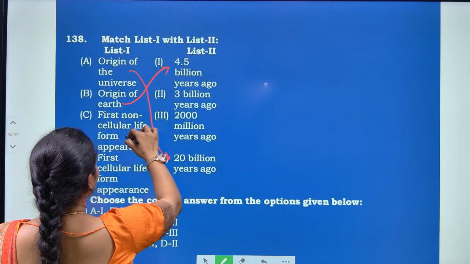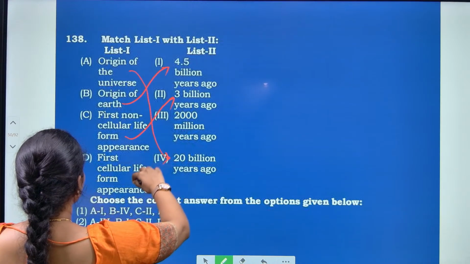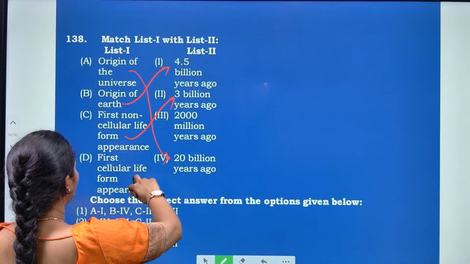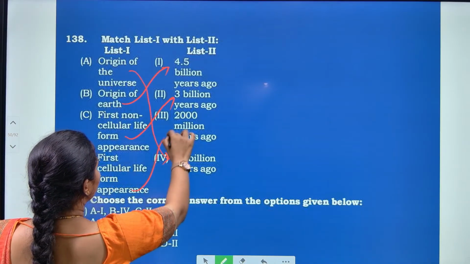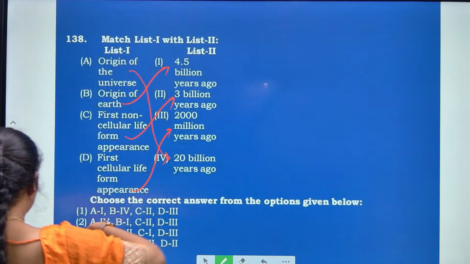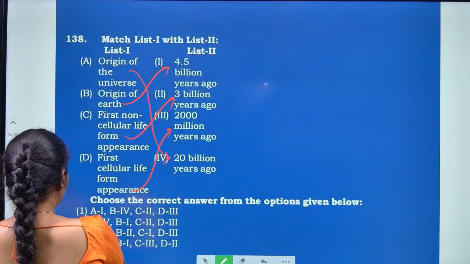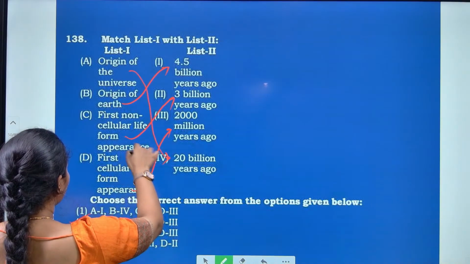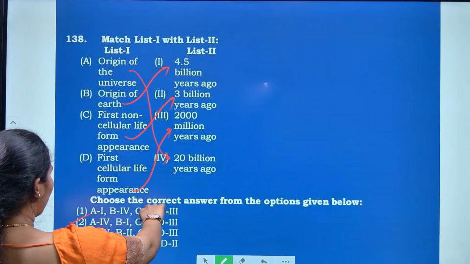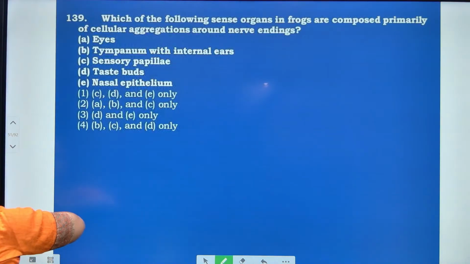The first non-cellular life appeared 3 billion years ago, and the first cellular life appeared 200 million years ago. According to this, the right option is the second option: A with 4, B with 1, C with 2, and D with the third option.